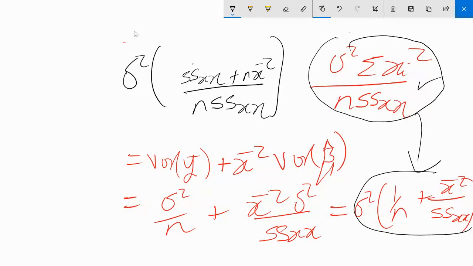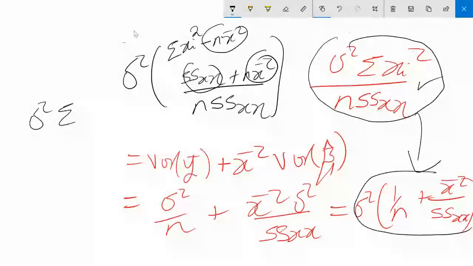So it's a matter of changing this, because we know that this is nothing but the summation of xi minus n x bar squared. Sorry, there's a squared here. This part is going to cancel with this, as you can see, and we'll be left with sigma squared summation of xi squared over n SSxx. So that's how to simplify that.